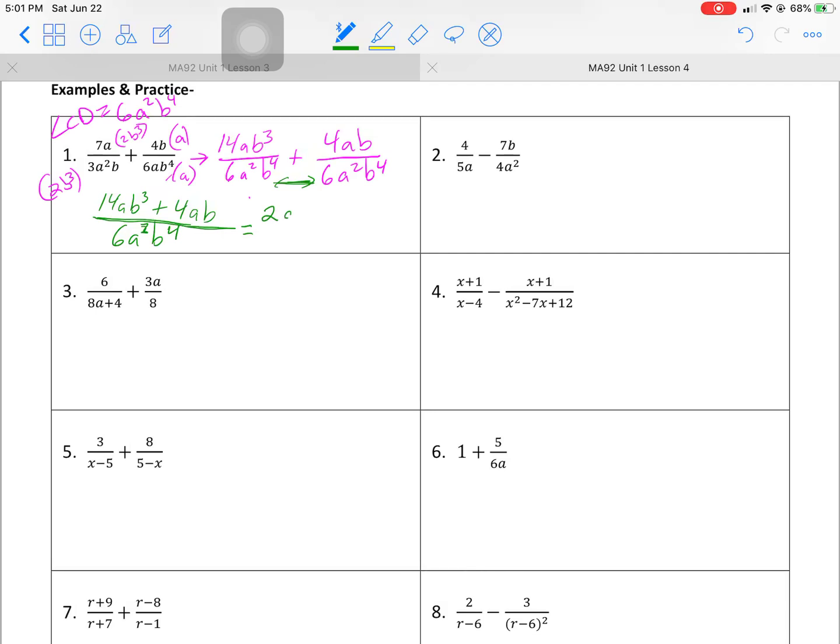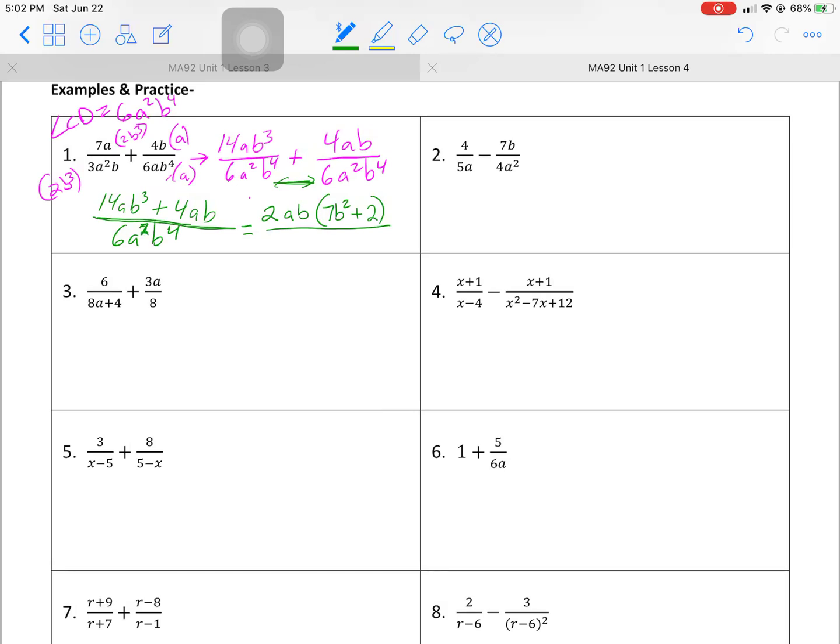They both have an A, and they both have at least one B. So 14AB cubed, if I take out a 2AB, what do I have left? I have a 7. The A is gone, and then I have 2 more B's left. And I take a 2 out of the 4, I have a 2 left. So that's the greatest common factor of those two terms in the numerator.